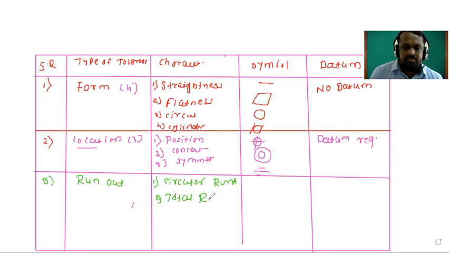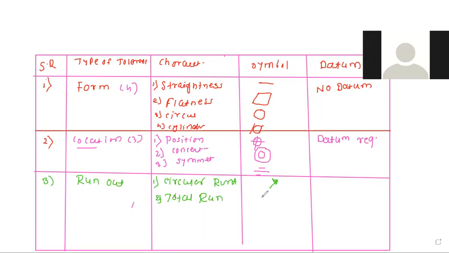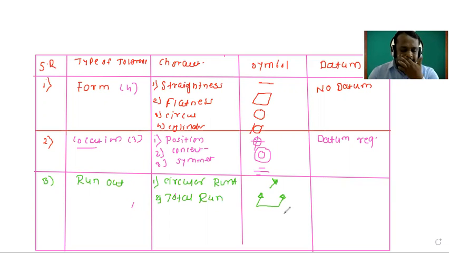For the symbol, we just draw an arrow like this, and here like this. A datum is required here.